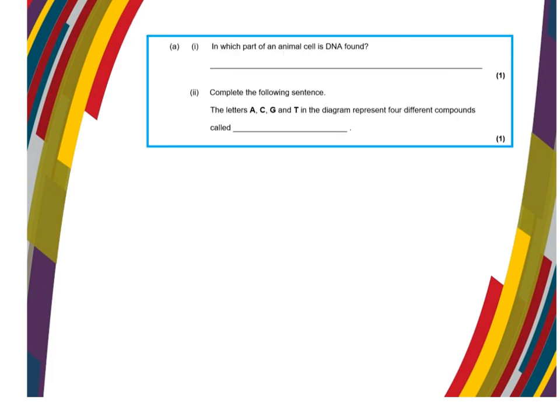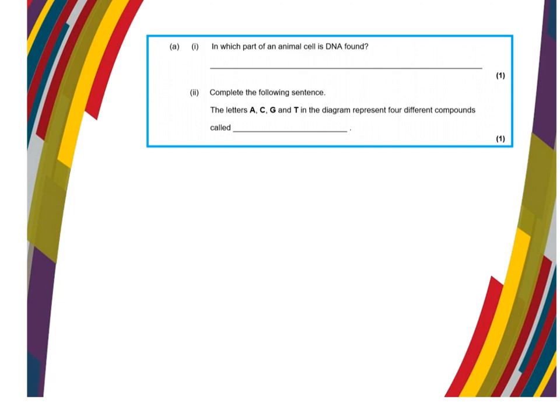Okay, and let's now have a look at the blue question. So it's a similar question to last time. So first of all, in which part of an animal cell is DNA found? And complete the sentence. The letters A, C, G and C in the diagram represent 4 compounds called. Okay, so let's just think about, again, everything we've spoken about.